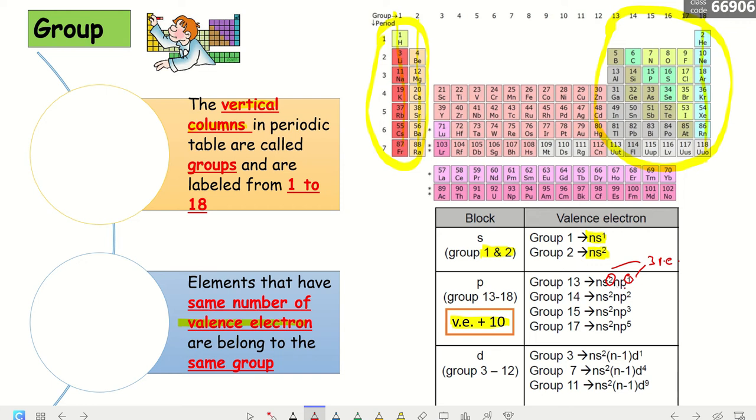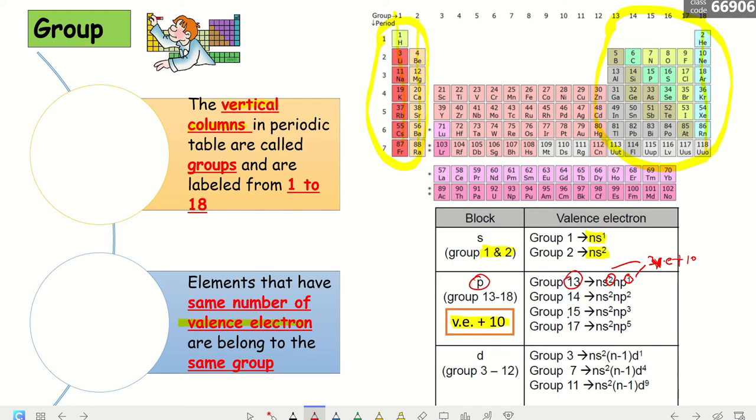The last electron is put in the p orbital, therefore this element is regarded as a p block element. It has 3 valence electrons, so we add 10 to the valence electrons. Therefore this element is in the p block and in group 13.